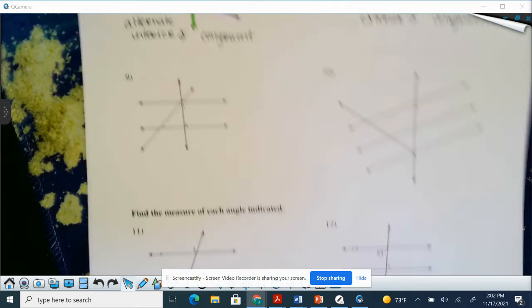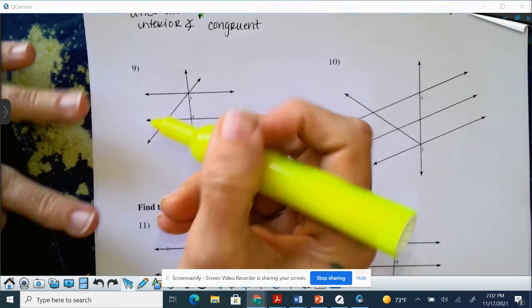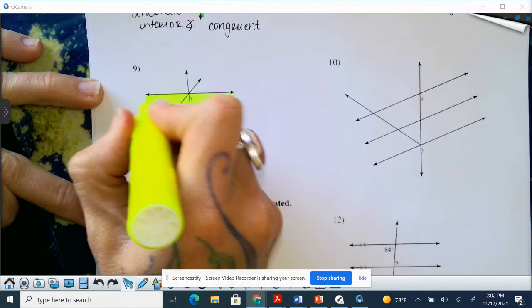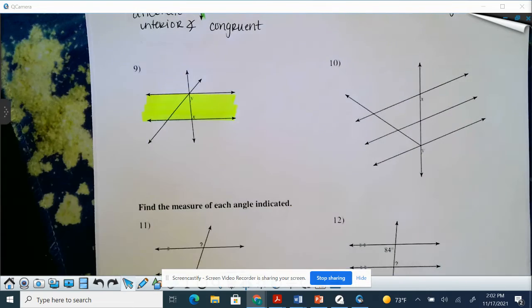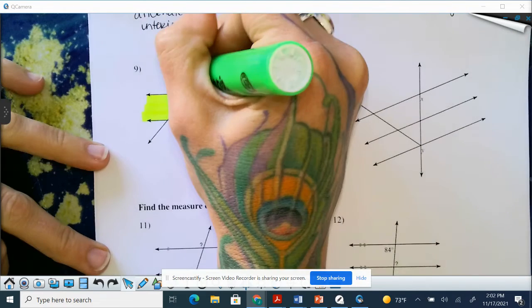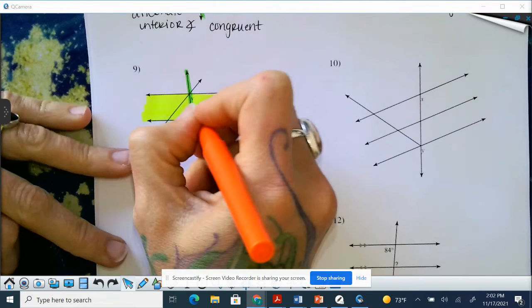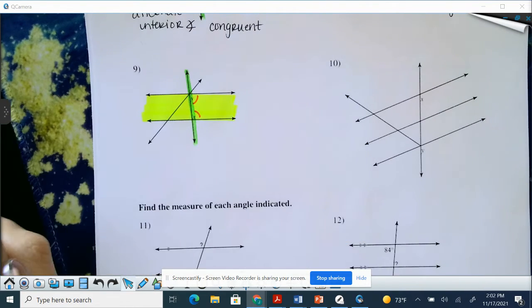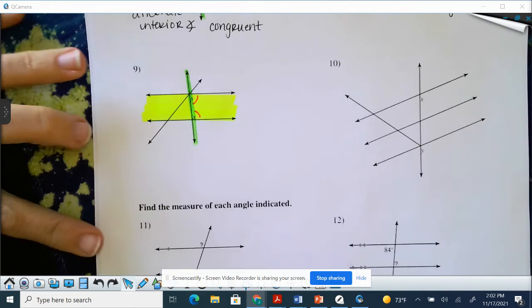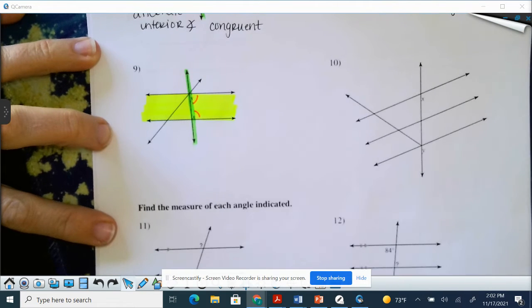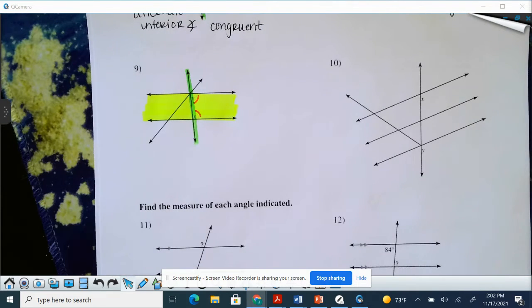All right, looking at number 9. So I know these two are my parallel lines, and it's inside. This is my transversal. My two angles are on the same side. So it's consecutive interior angles. Consecutive interior angles.